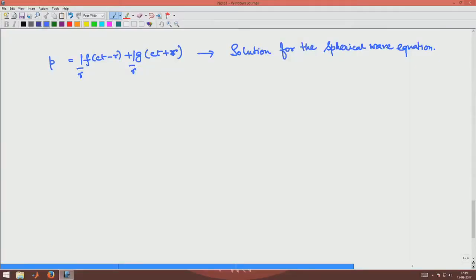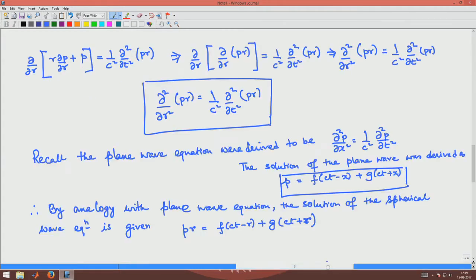Okay. So, let us carry on to understand the interpretation of these two solutions. As was talked about earlier, in the case of plane waves we understood that this represents an outgoing wave or a forward wave, and this represents an incoming or backward wave. F and G have these characteristics.